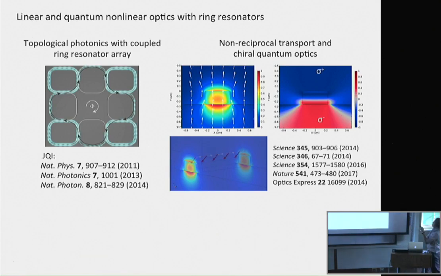So that means the mode in here is chiral, and if you define a quantization axis, I can say that on top of the waveguide, the light field here is sigma plus. But by time reversal symmetry, for a waveguide mode launched in the opposite direction, the electric field orientation becomes sigma minus.